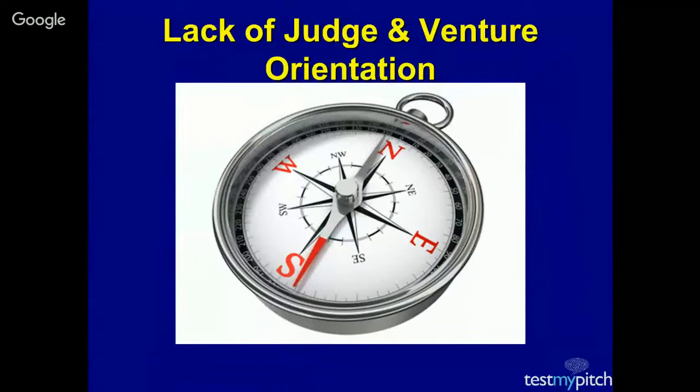Lack of judge and venture orientation. It's probably more normal that we see organizations spending a few minutes, maybe 15 minutes, orienting the judges before they sit down. But we don't very often see a venture, student or entrepreneur orientation. There are a variety of things we want to orient folks about.